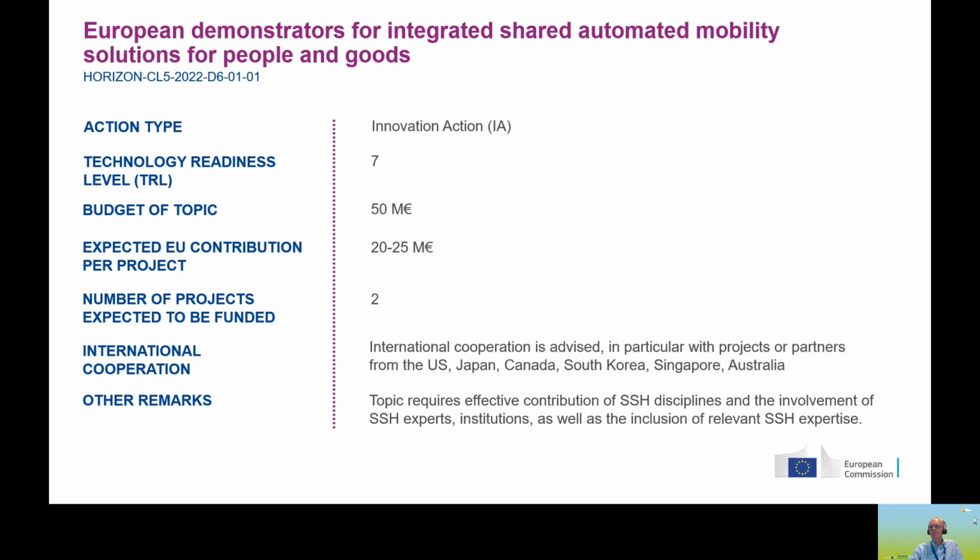And the proposed action should go up to a technology readiness level 7. As I mentioned already before, the expected EU contribution per project is up to 25 million, and the overall budget of this topic is 50 million euros. So with that, thank you very much for your attention.